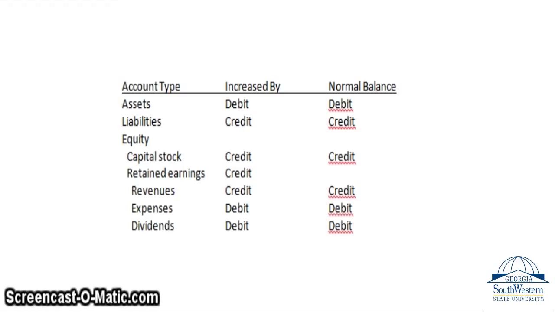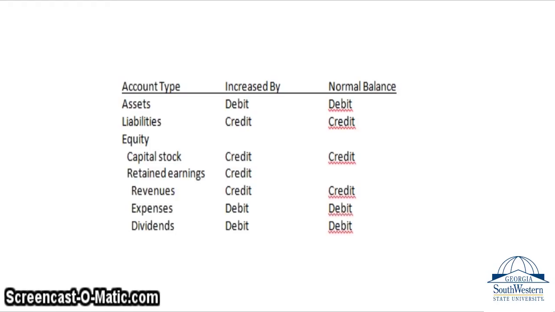Okay? Whatever increases an account, that's also what we expect the normal balance to be. So for instance, we said cash was increased by debit. I would also expect to see that cash has a debit balance. Now there are instances where that might not be true. Can you have cash that's a credit balance? You can.